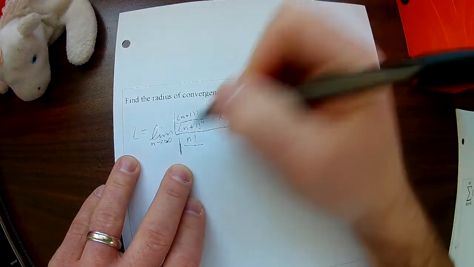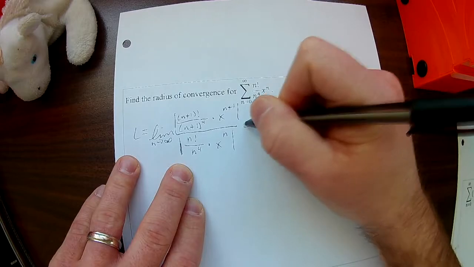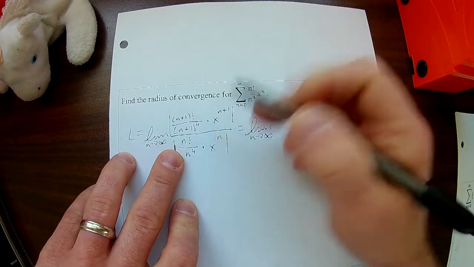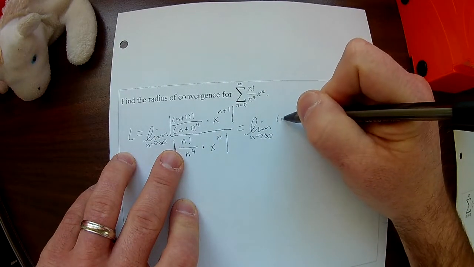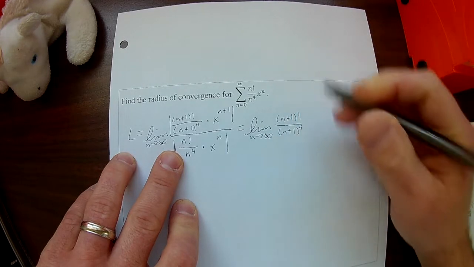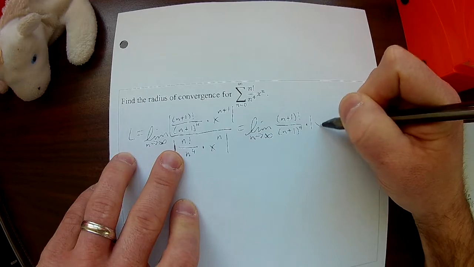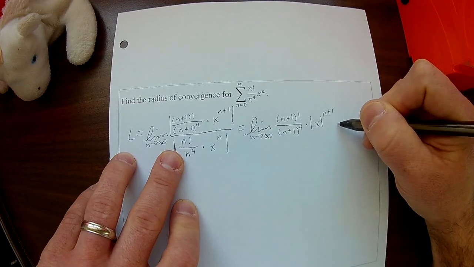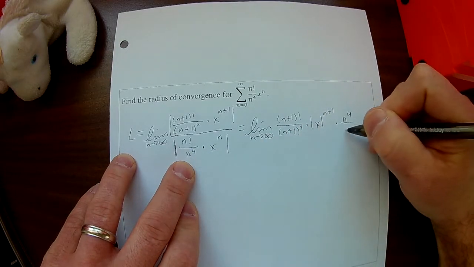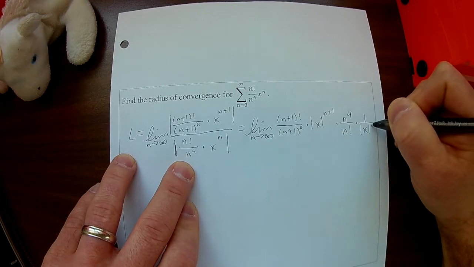Over n factorial over n to the fourth times x to the n, which is going to be equal to the limit as n approaches infinity, and the only negativity is going to come from the x. I'll have (n plus 1) factorial over (n plus 1) to the fourth times the absolute value of x to the n plus 1, times, now I'm just going to take the reciprocal of everything down here, n to the fourth over n factorial times 1 over magnitude of x to the n.